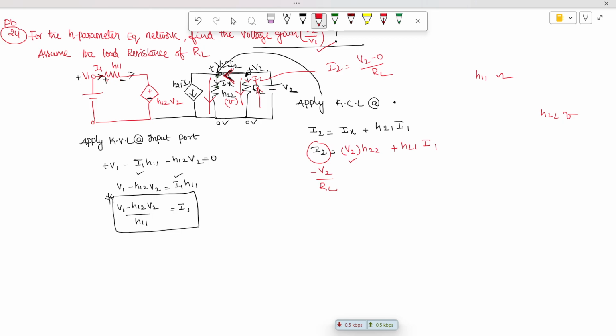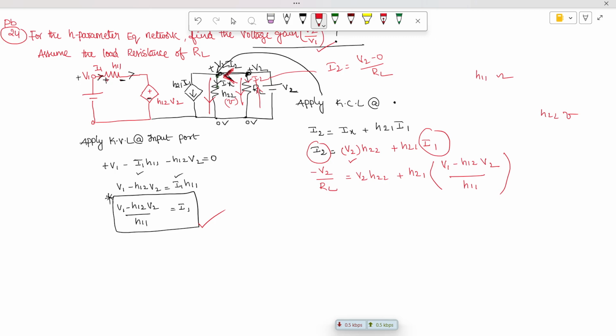That is equal to V2 into H22 plus H21 I1. We don't want the I1 value, only V1 and V2, so we substitute I1 as V1 minus H12 V2 divided by H11.